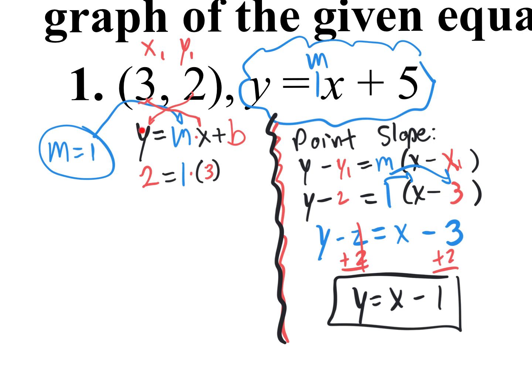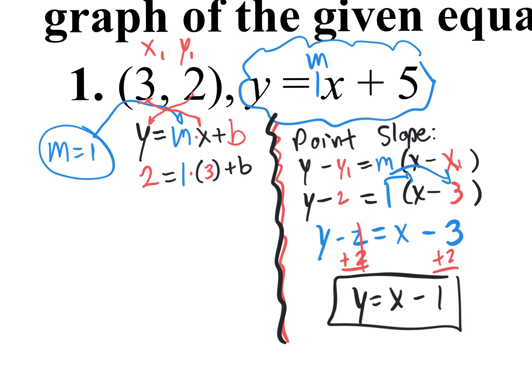And you're going to have 2 equals 1 times 3 and then plus b. So we need to write the plus b also, because we don't know what b is. By plugging the y in right there, the m in right there, and the x in right there, we end up with an equation that has a bunch of numbers and math operations and a single variable b, which means that I could solve for b.